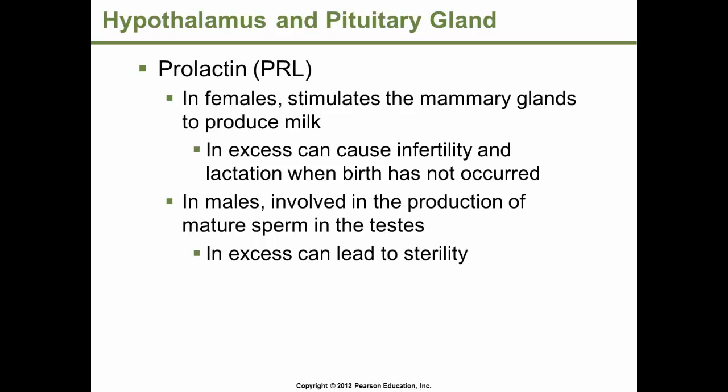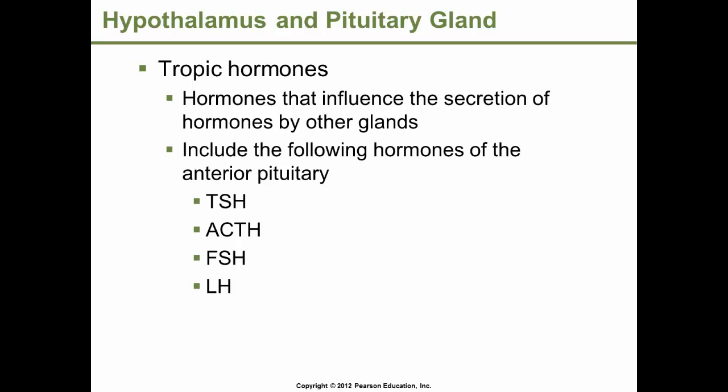to sterility and impotence. Trophic hormones are hormones that influence the secretion of hormones of other glands, and they include the following hormones of the anterior pituitary gland: thyroid stimulating hormone, follicle stimulating hormone, luteinizing hormone, and adrenocorticotropic hormone.